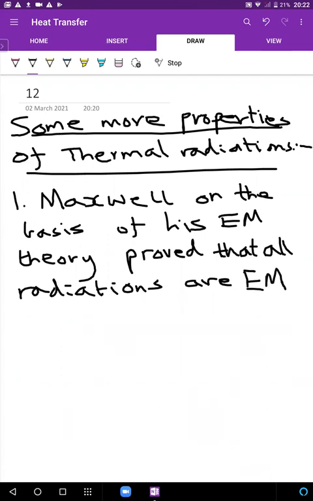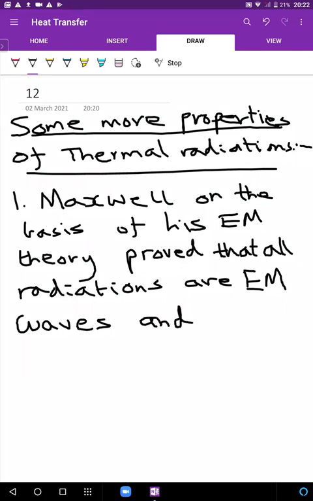EM is short for electromagnetic, and EM waves is just another way of talking about light. So Maxwell proved that all radiations are electromagnetic waves and their sources.